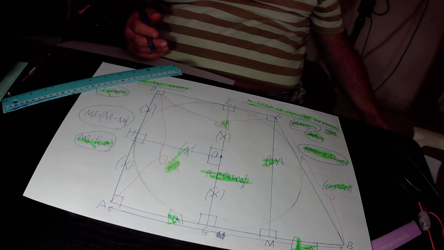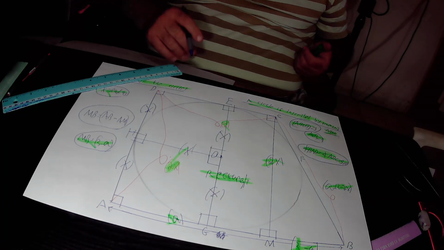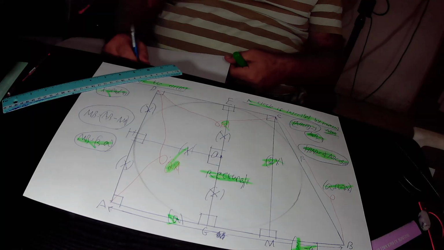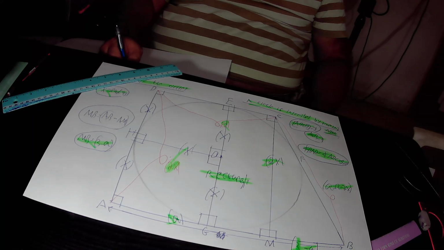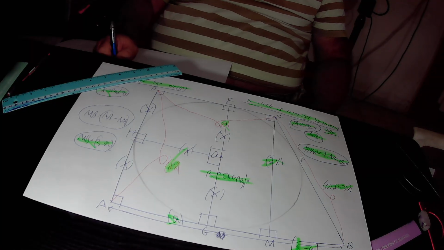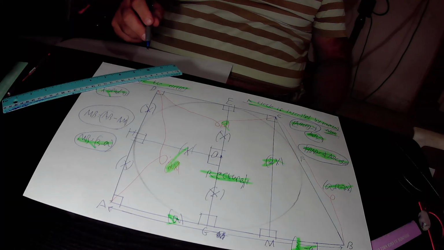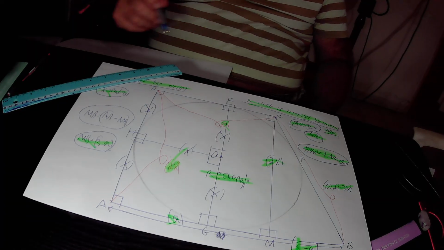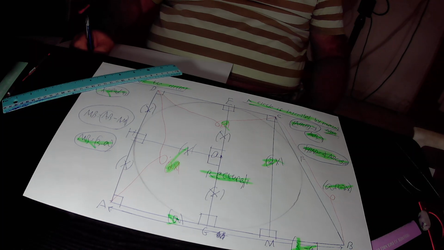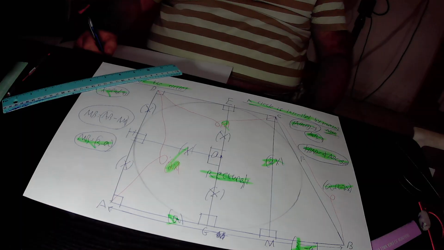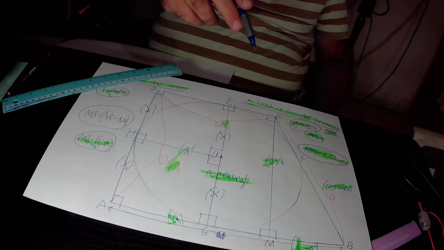According to the formula that I presented to you, the area of this trapezoid ABCD must be equal to the sum of its two parallel bases. The two parallel bases are DC and AB, so it is DC plus AB times the height.